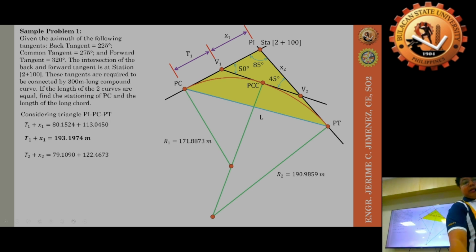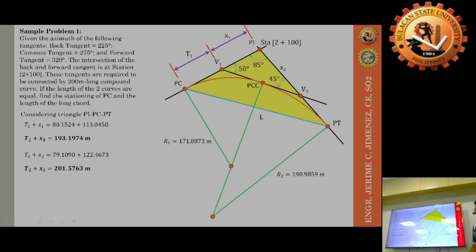So, we have T sub 2 plus X sub 2 is 79.1090 plus 122.4673. T sub 2 plus X sub 2, itong side na to, is equal to 201.5763 meters. Ngayon, meron kayang known yung dalawang sides ng triangle. May included angle ka. Ano included angle ng dalawang sides na yun? 85 degrees. Anong law ang gagamitin natin? Cosine law. Very good.